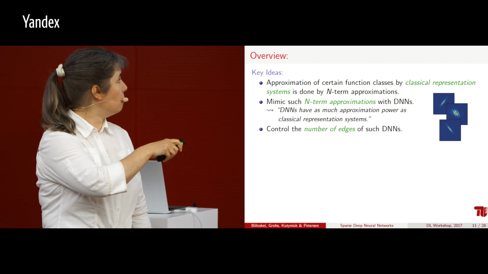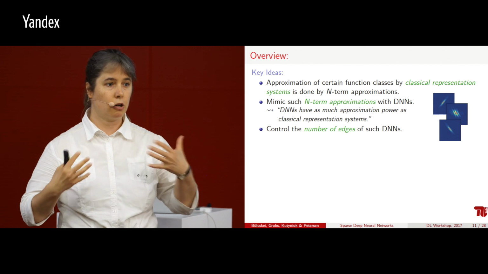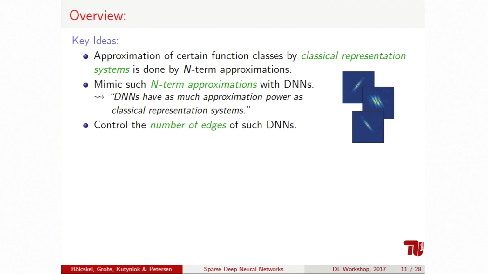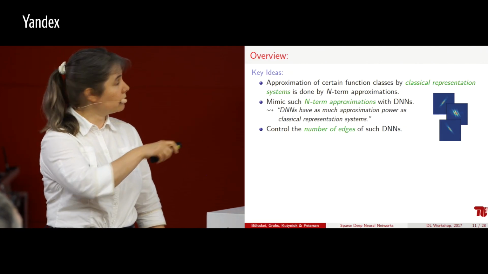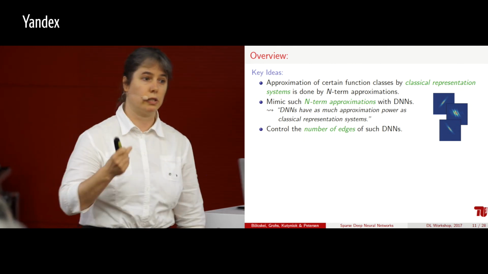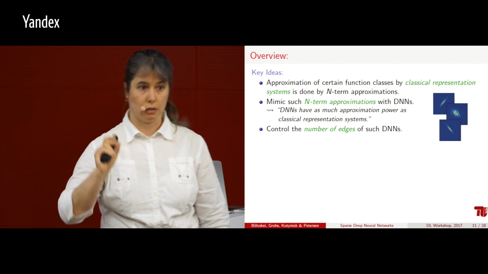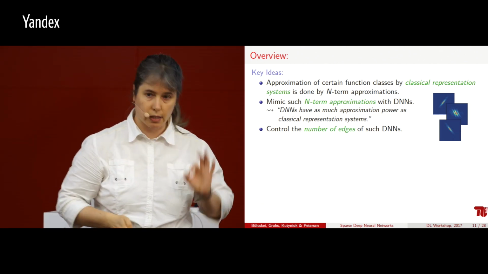So the idea is now to mimic these approximations, these n-term approximations, or these linear combinations by neural networks. So then the outcome will be deep neural networks have as much approximation power as classical representation systems. Think of wavelets or systems like that. And certainly then, since we are interested in sparse connectivity, we need to control also the number of edges of these neural networks. Okay, so that's the key idea.